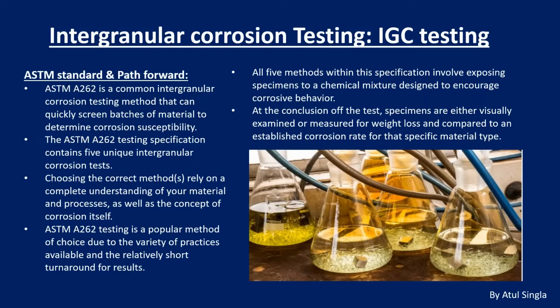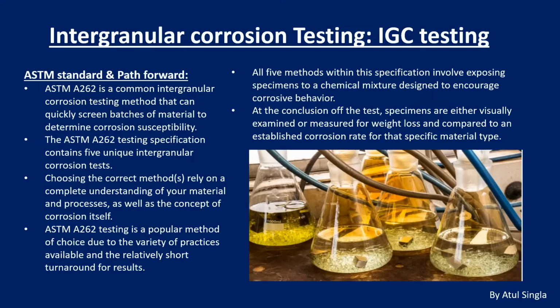We can have the specimen inserted into the acids. These 5 methods have 5 different acid tests. We can choose one of those and insert the specimen into that particular acid, and keep it there for a particular time duration.